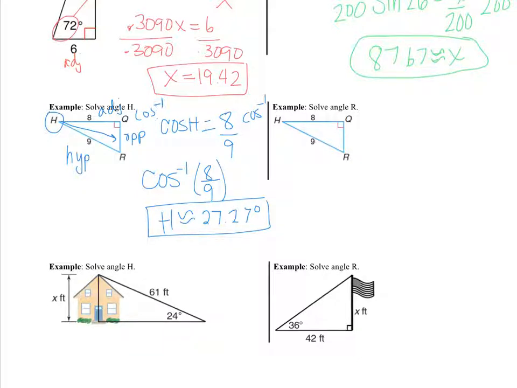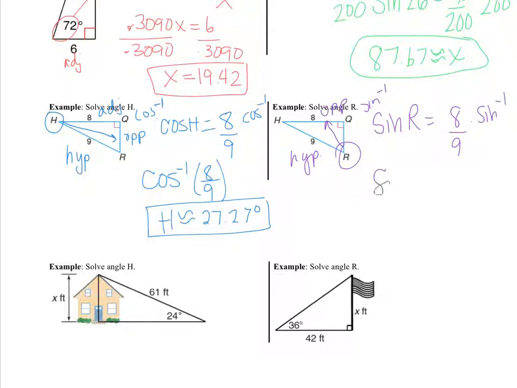Alright, this time we're going to use that same triangle, but we're going to solve for angle R here. So marking it from R, I know that I have an opposite side and a hypotenuse, so I'm going to use sine here. So sine of R is equal to 8 over 9. Again, we're going to take the inverse of both sides, so sine inverse on this side and sine inverse here.